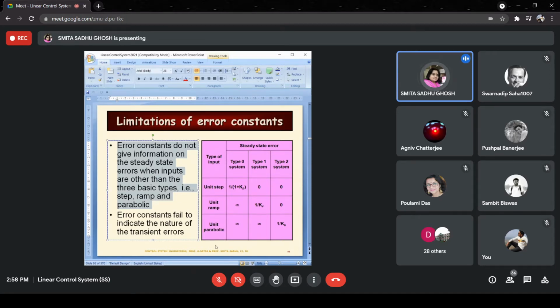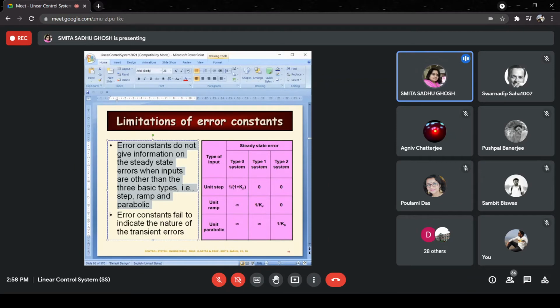If I have, say, a sinusoidal input, then I cannot apply the concept of error constants, because error constants are derived only for a step input, a ramp input, or a parabolic input. So it will not be possible to find the error constants and hence any information on the steady state errors, at least by applying this table.